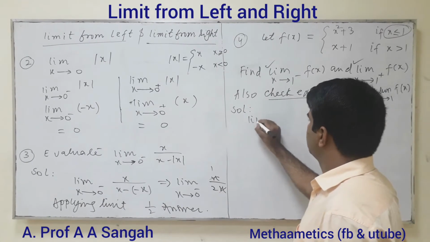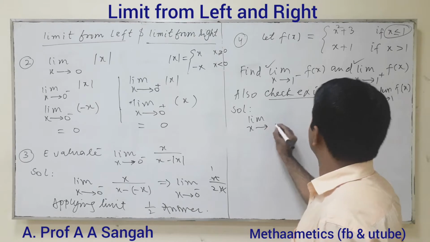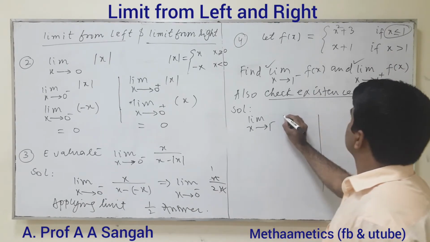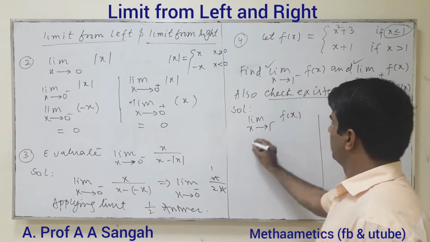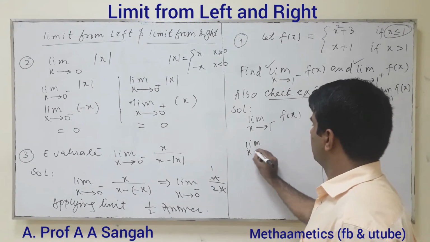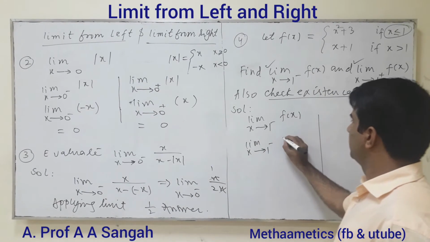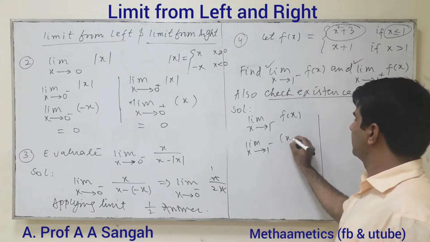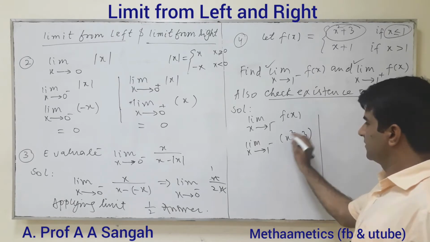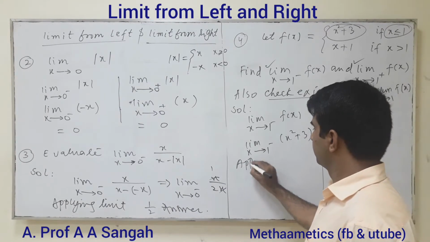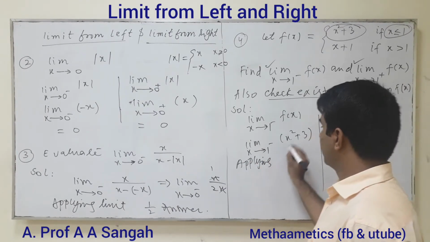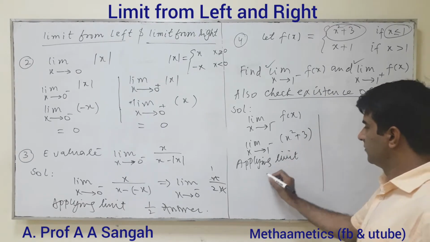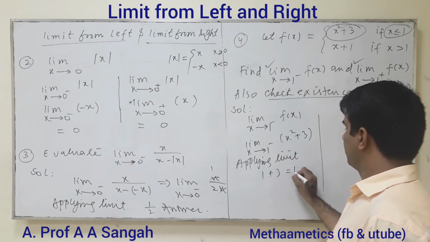Limit x tends to 1 from the left hand side of the function. This is the function from the left hand side, x square plus 3. Applying the limit, we have 1 plus 3 equal to 4.